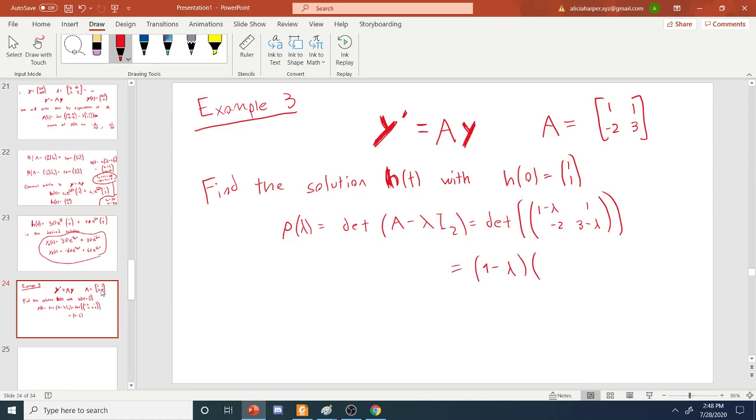Now, let's work it out, what the characteristic polynomial has to be. So I get lambda squared minus 4 lambda, and then plus 5.